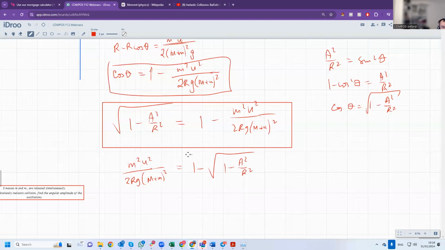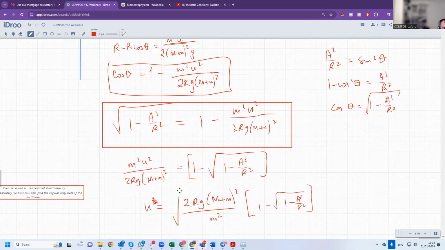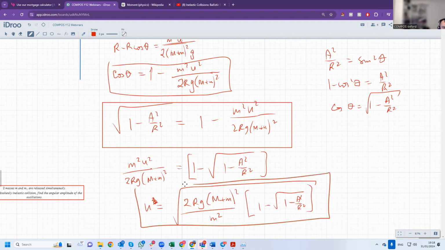Then you multiply everything by this and divide by m squared. So u squared is equal to 2rg(m plus m squared) divided by m squared, open bracket, 1 minus the square root of 1 minus a squared over r squared. And then you remove the square and just put the square root in, and that's your answer. That's the speed of the bullet.